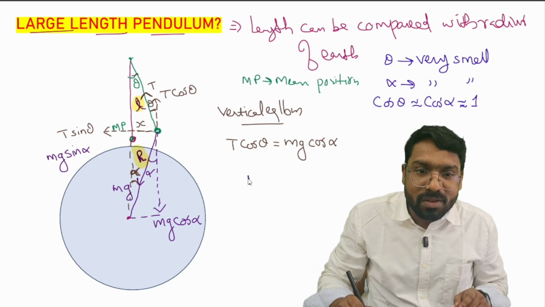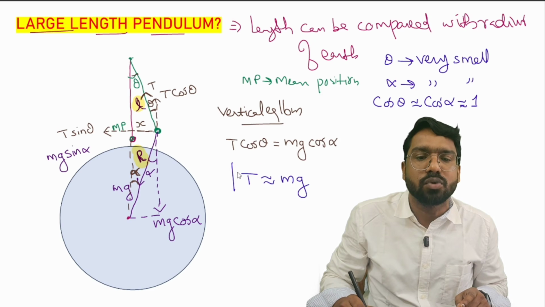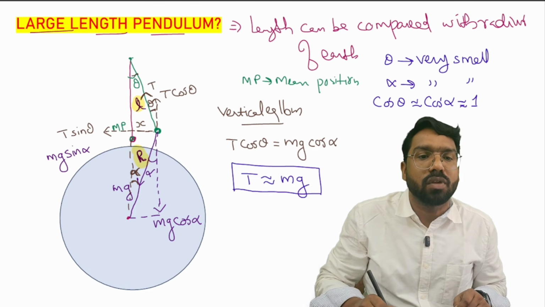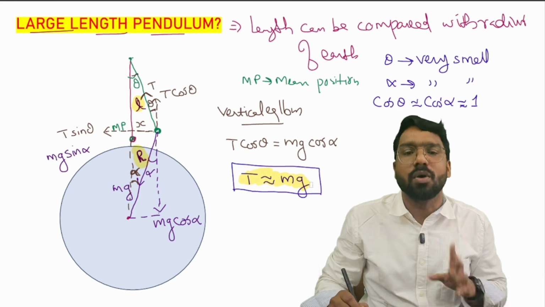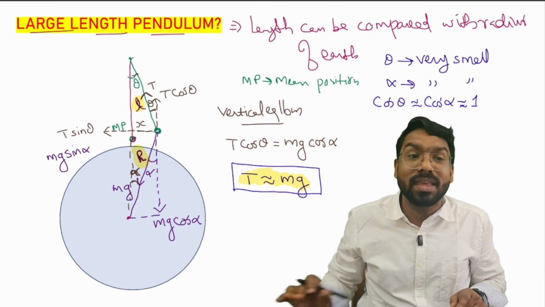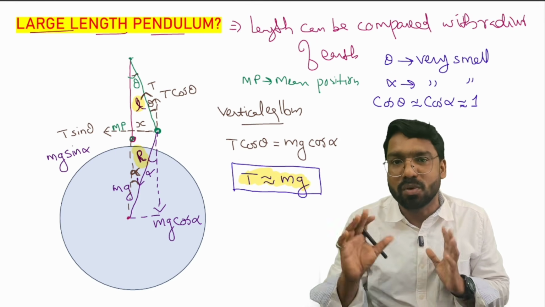So from here we can conclude that tension is approximately equal to mg. So the tension in the string will be approximately equal to mg. That we got. Then we have to apply this result in the second case, the horizontal condition.